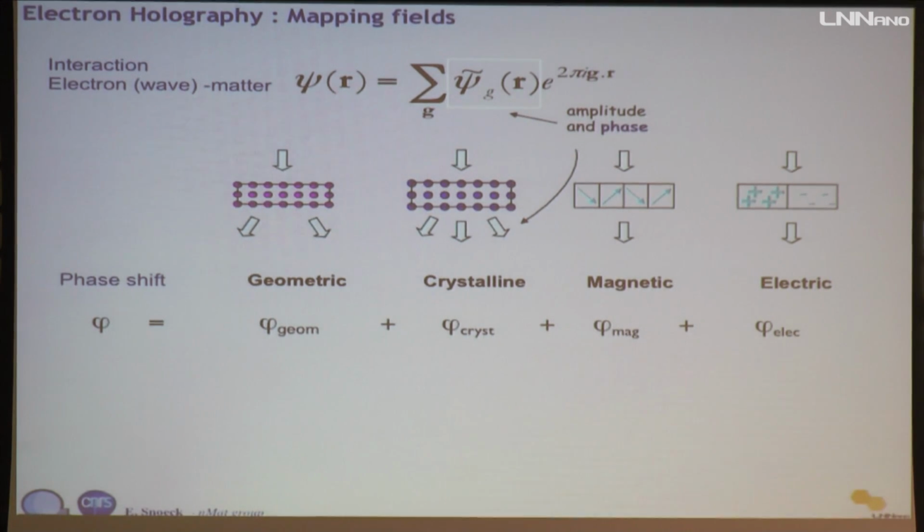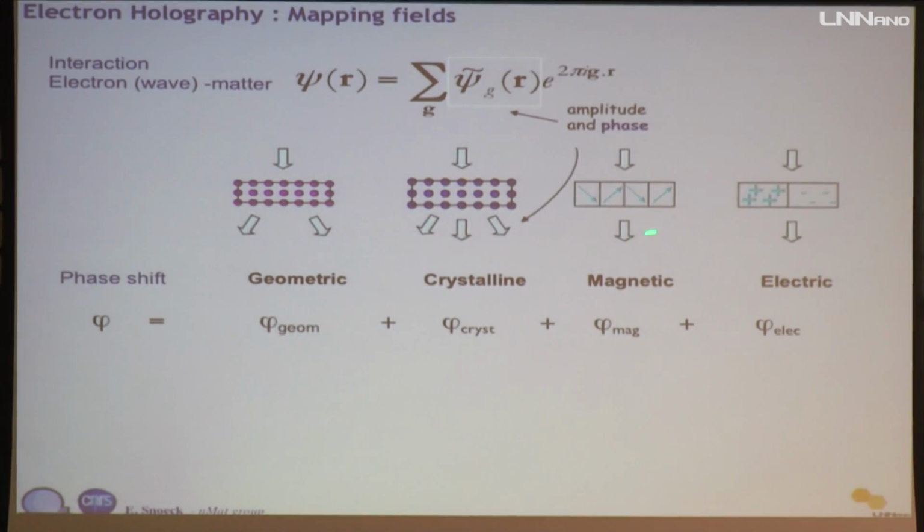So I just tell you that, okay, when you have a beam passing through materials, the electron wave, the electron beam, is modified in amplitude and phase. And during my lecture, I will detail all the different phase shifts that the beam feels when interacting with materials.